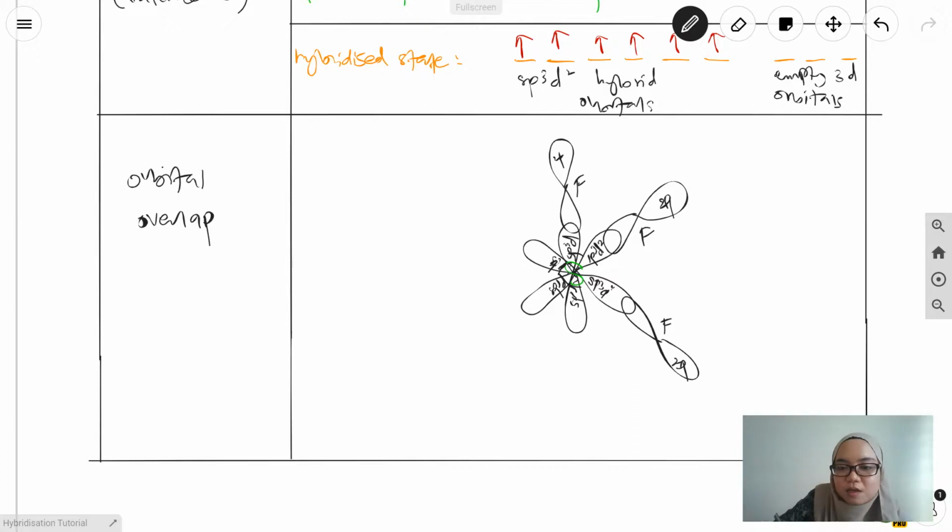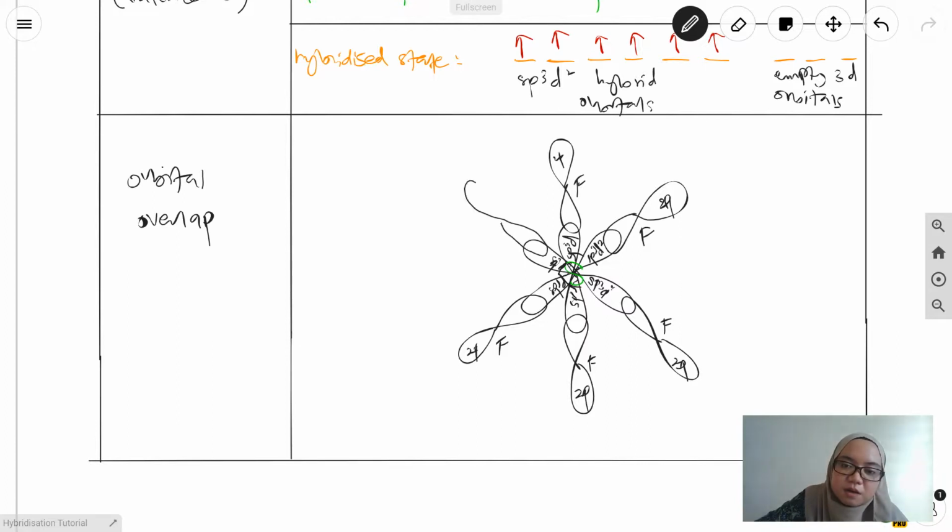Fluorine 2p. Okay. Alright, and the last one. Okay. So we got this.